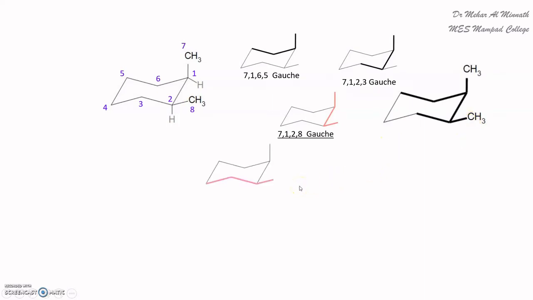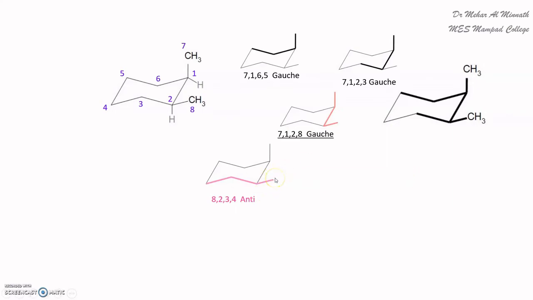8, 2, 3, 4. Now 8 is in the equatorial position, remember. We have already seen that when a substituent is in the equatorial position, it gives an anti-butane unit. In case of 1, 1, we have seen that.